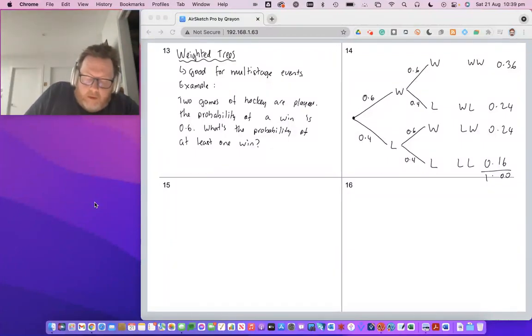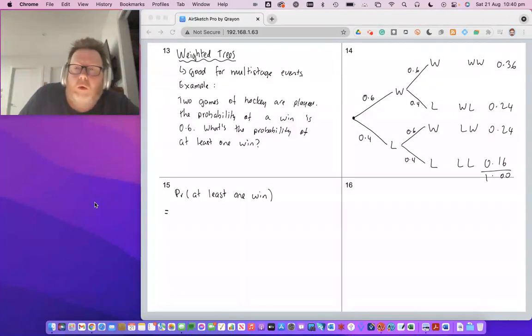Okay, in terms of answering the question, it says, what's the probability of at least one win? So it's the probability of at least one win, and that is equal to, well, if we have a look at our tree, we need to match up all those where there's a win. That's at least one win because it's 2. That's a win, that's a win, that's not.